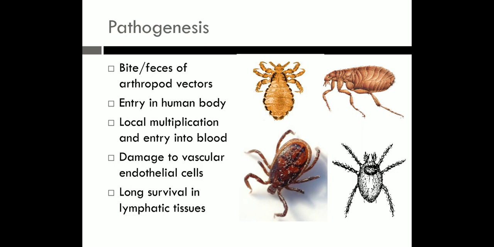Once the bacteria are released from the host cells, they usually die quickly. However, it is important to note that it is in the lymphatic tissues that they survive for longer duration.